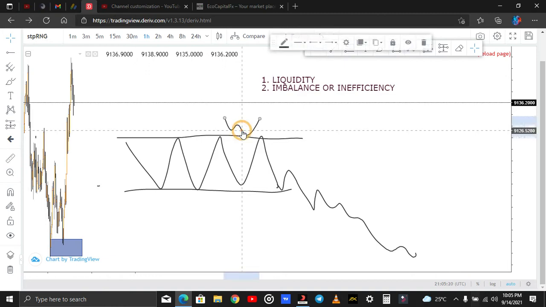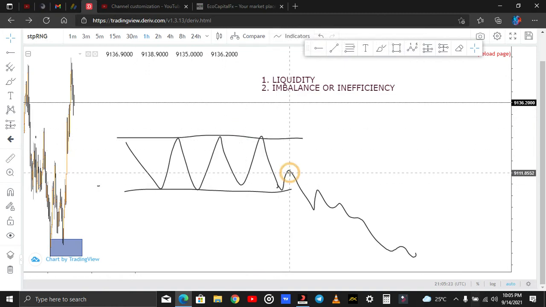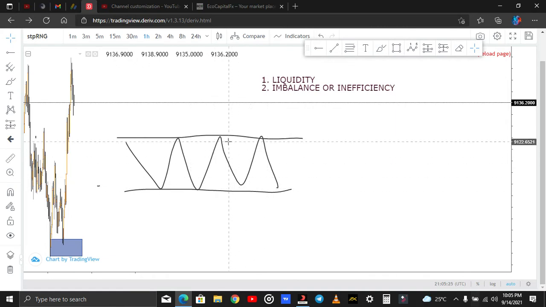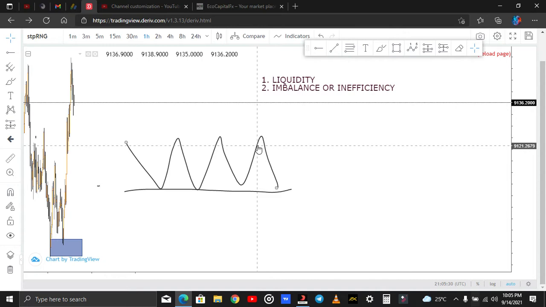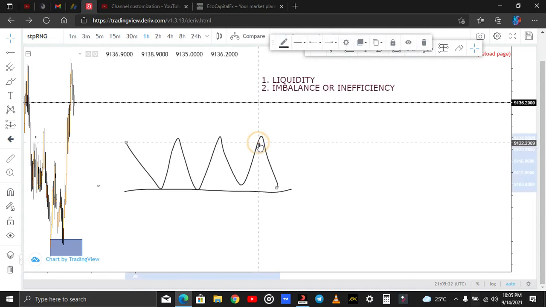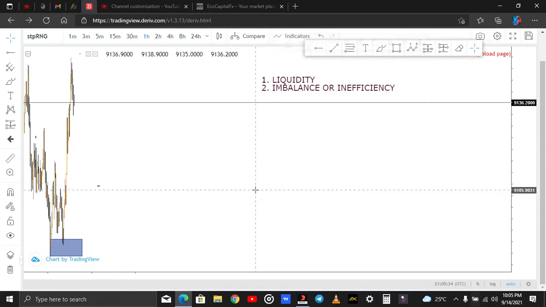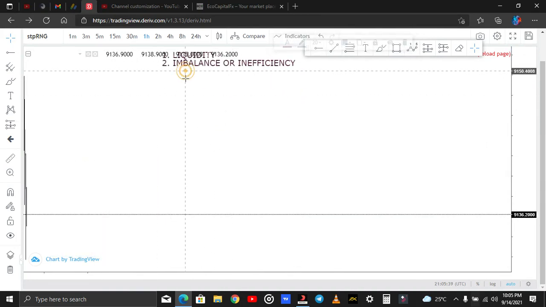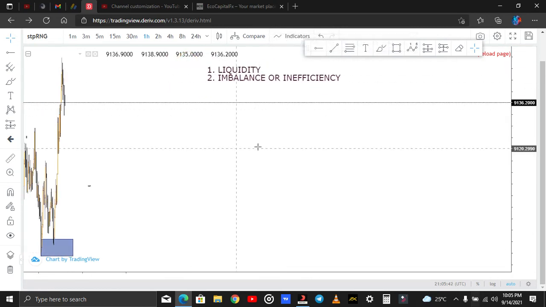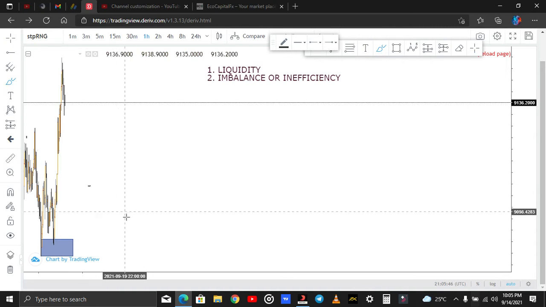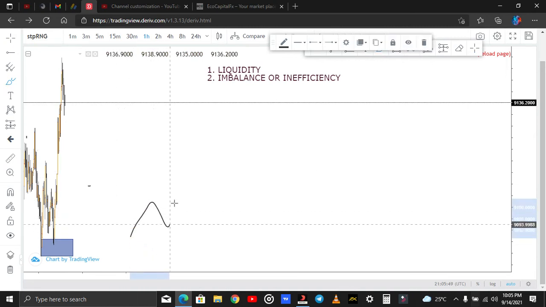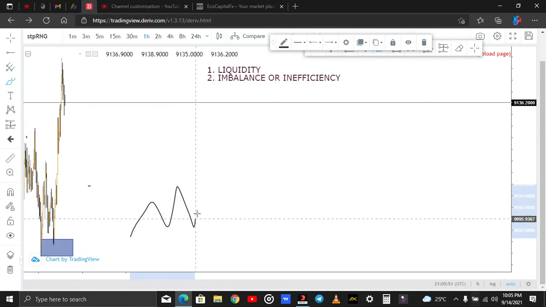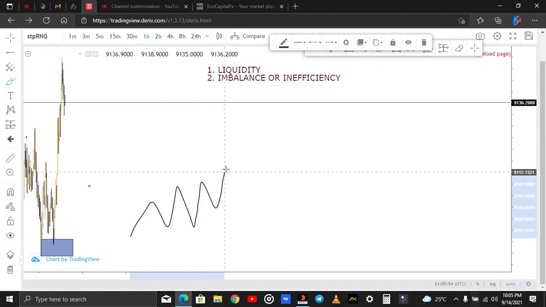Let me show you just a few more examples. Let's say this is a buy trend, and price continues doing like this.